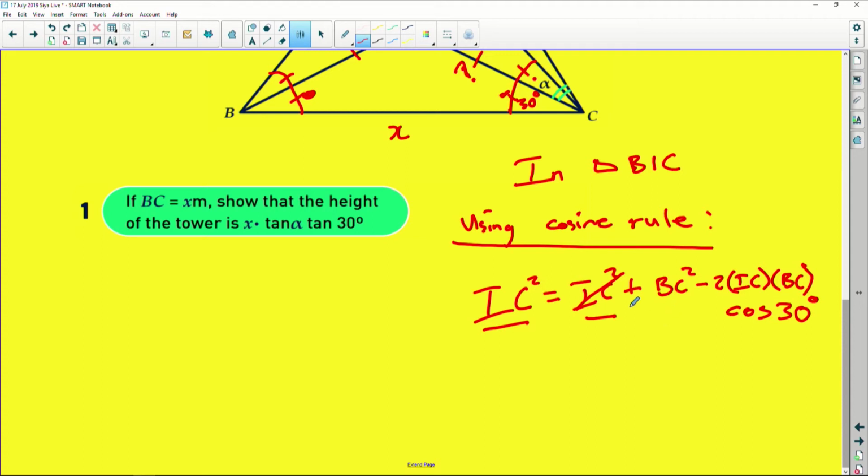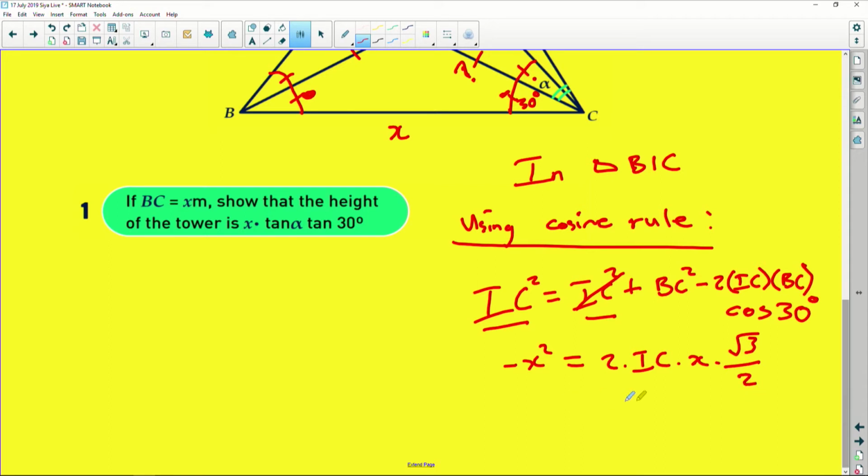Therefore, BC, we are told that it is X. If I make X the subject of the formula, I'll have minus X squared is equal to 2 multiplied by IC, multiplied by the BC we were told to be X, and then cos of that is square root of 3 divided by 2.